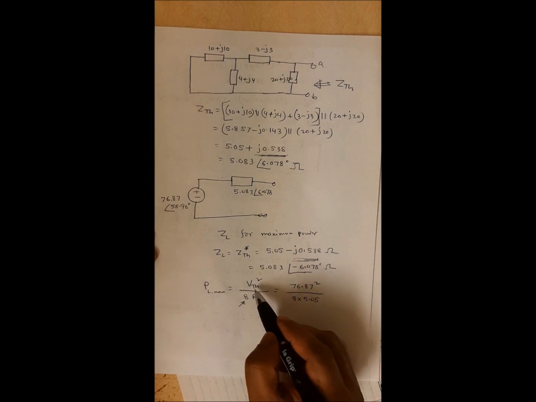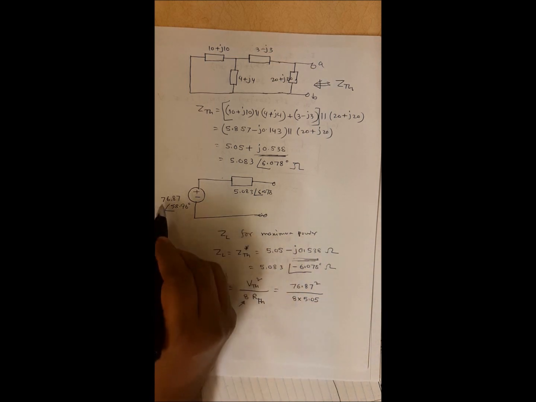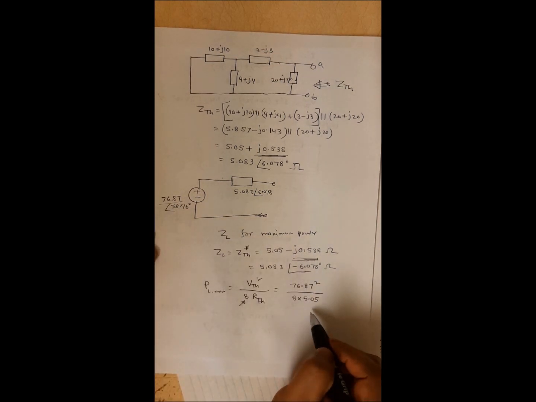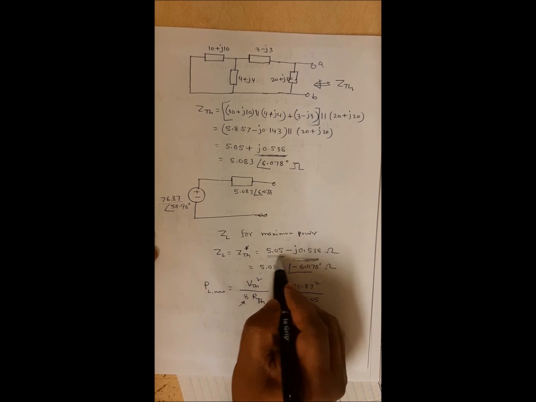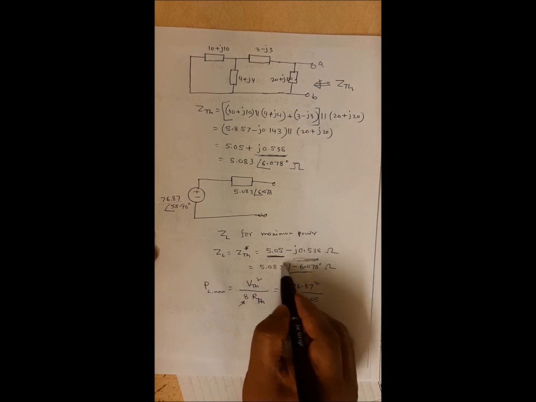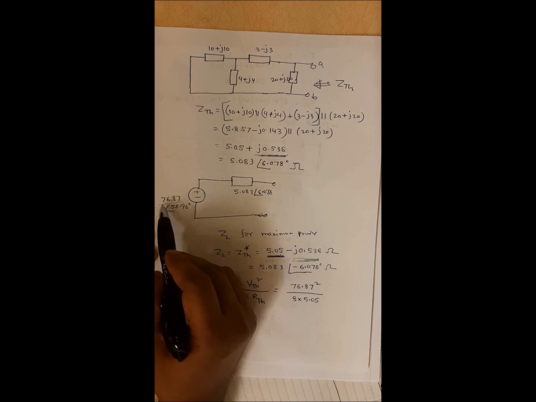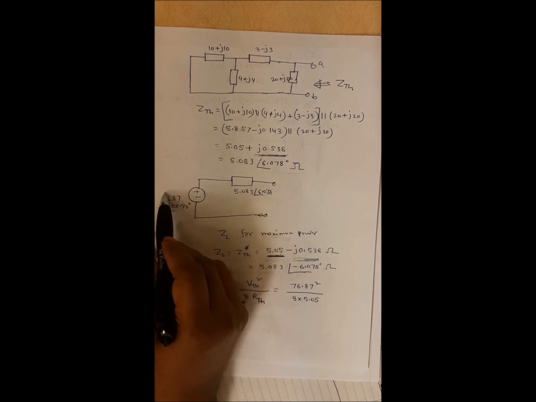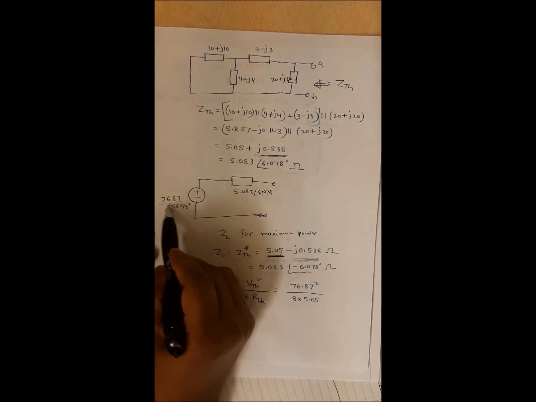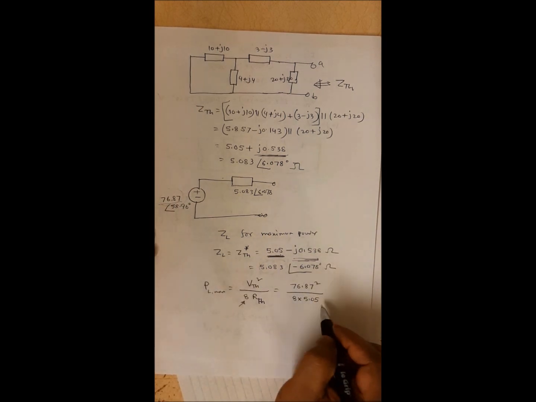When I put B Thevenin, I took the polar form magnitude, but for R Thevenin you have to take the real part, not the magnitude.